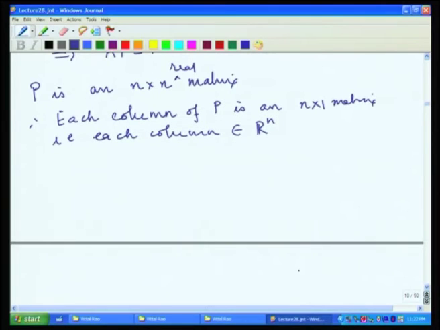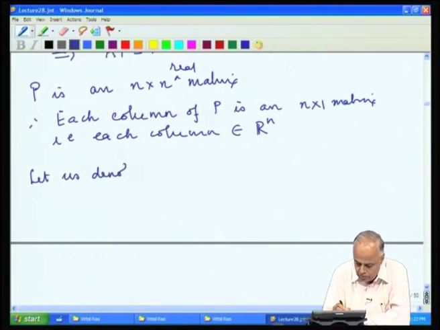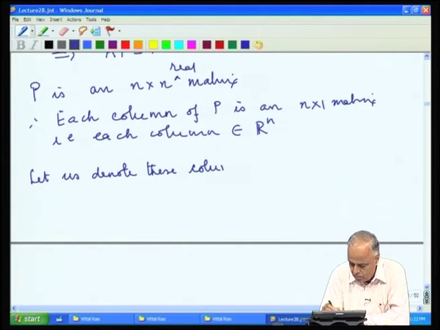Now, let us denote these columns as P 1, P 2, P n.